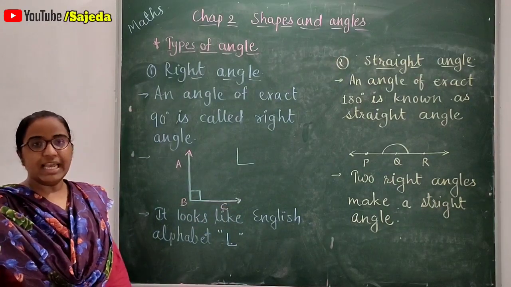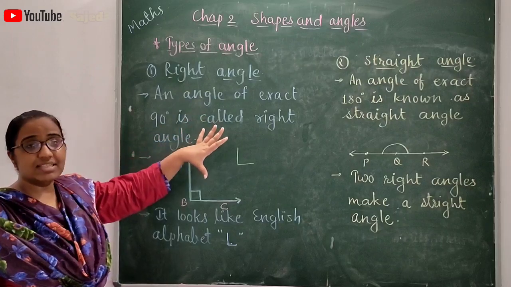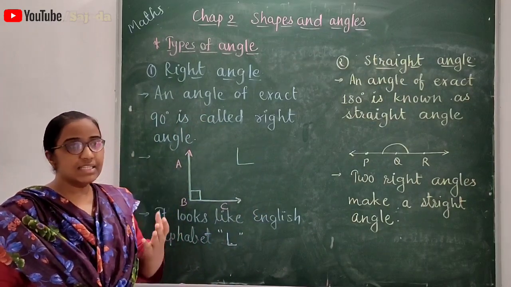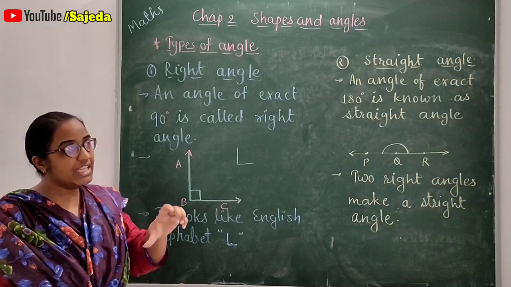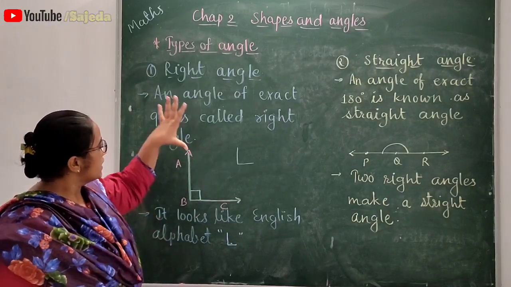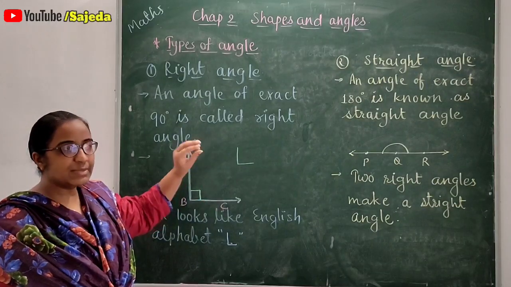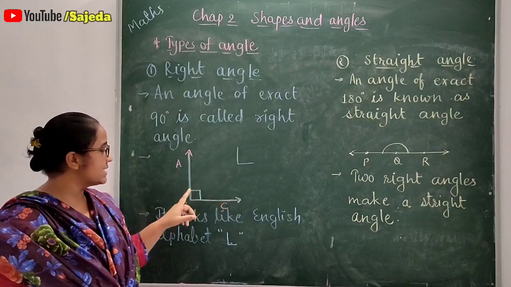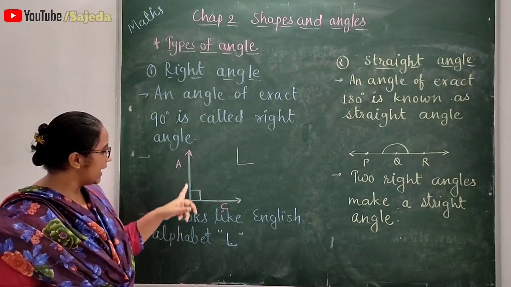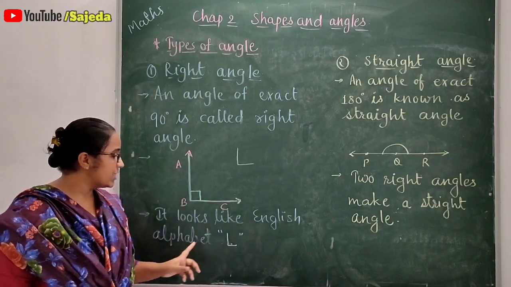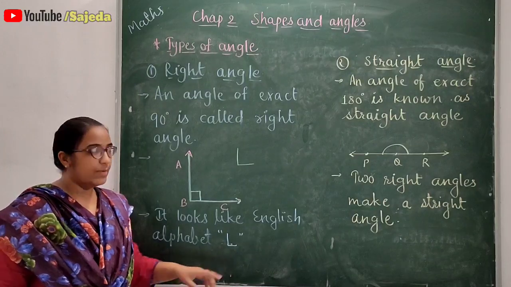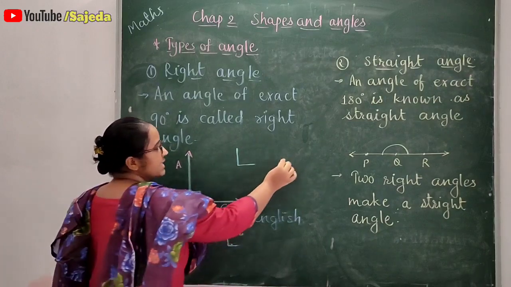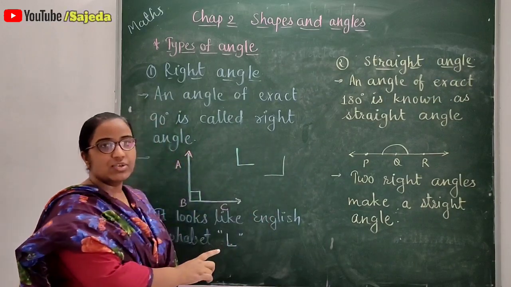In the beginning, as I said, these angles are differentiated on the basis of their measurement, so it is necessary to remember the measurement of each type of angle. The first angle, the right angle, has a fixed measurement. An angle of 90 degrees is known as a right angle. Here, as you can see, it looks like the English capital letter L. Now it's not that only this type is a right angle. If it is given like this, it is also a right angle.